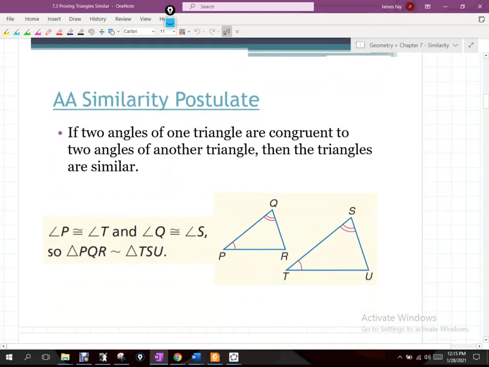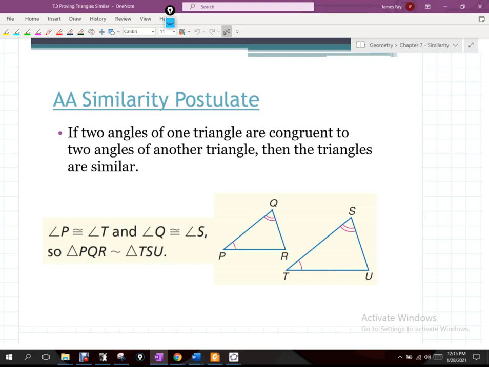Here's a postulate. Okay? Can't prove this to you. I can't give you the step-by-step reason for this. Well, I can demonstrate some images for you. But it says if 2 angles of one triangle are congruent to 2 angles of another triangle, so there's your AA part, then the triangles are similar.